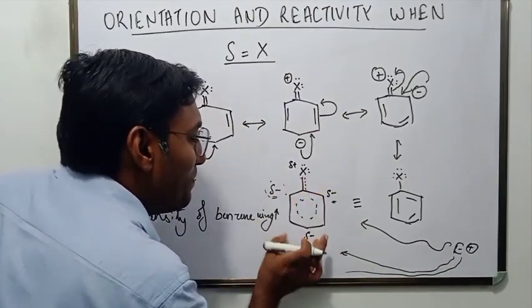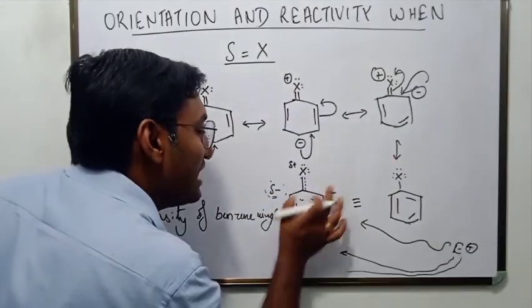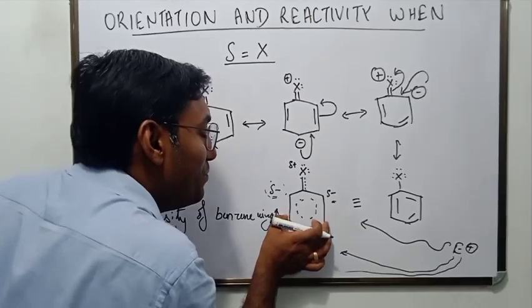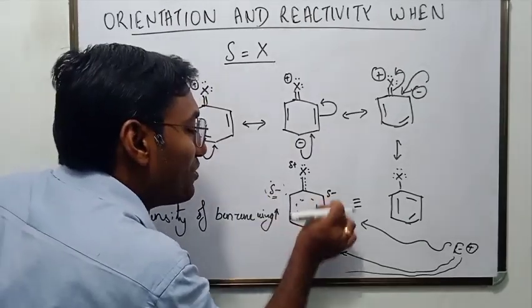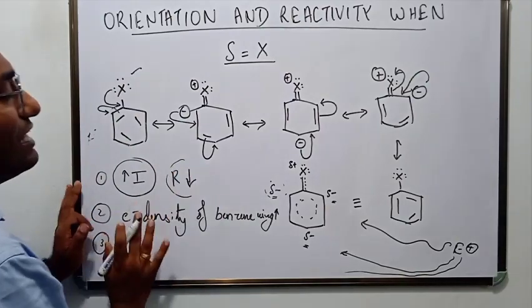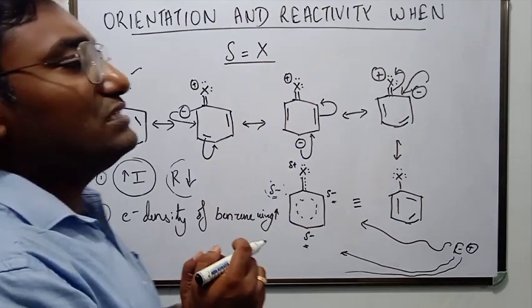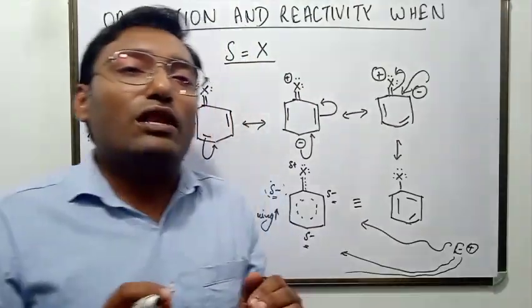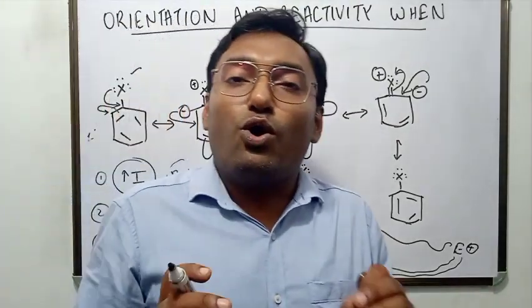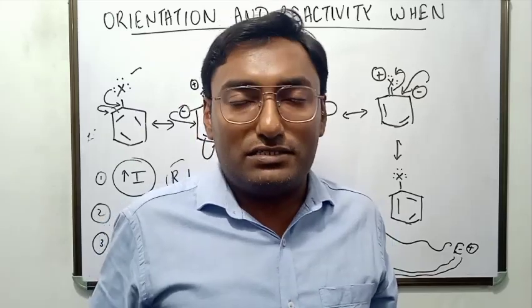Because ortho and para positions have electron density, even though it is less, as compared to meta position. And why is this electron density there? That is because of the mild resonating effect that is there in halogens. Dear students, this is the reason why halogens act as ortho para directors and ring deactivators.